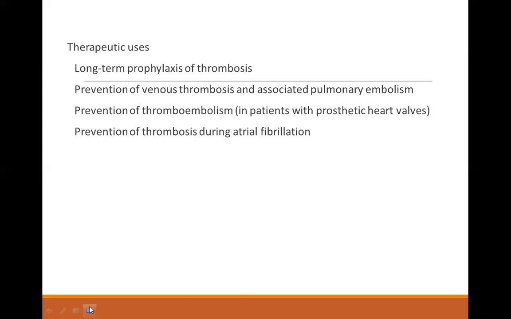Also prevention of embolism in patients with prosthetic heart valves, where we especially recommend warfarin for some period, and prevention of thrombosis during atrial fibrillation. We can give the patient warfarin doses.